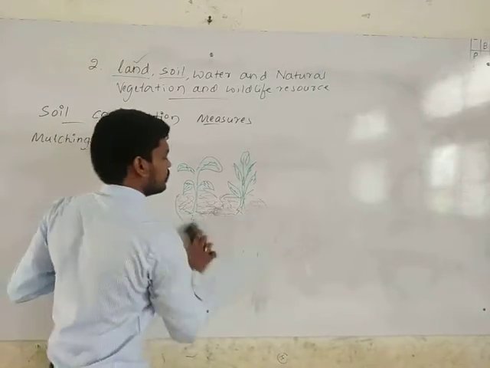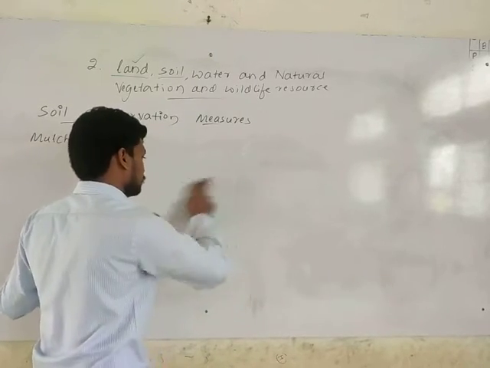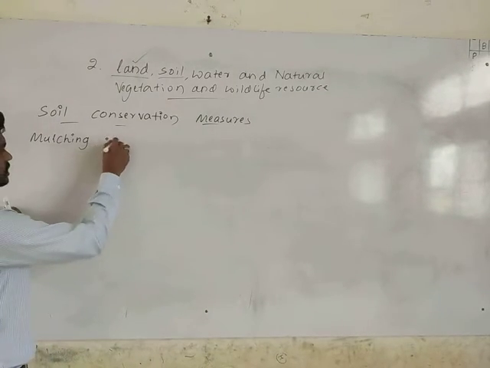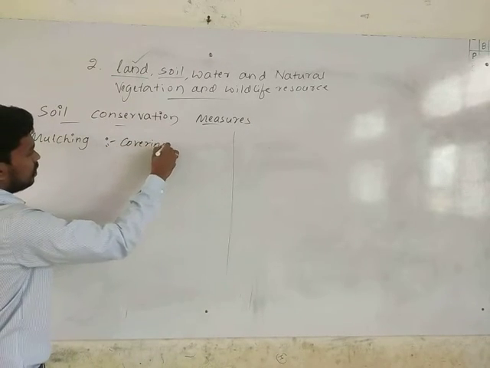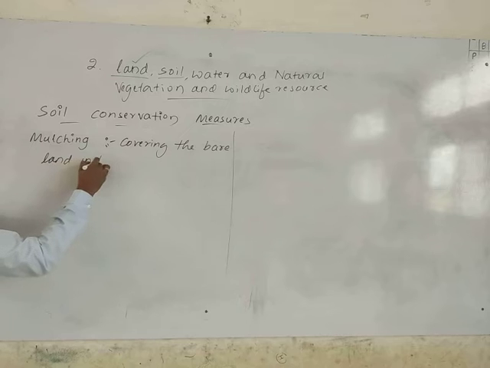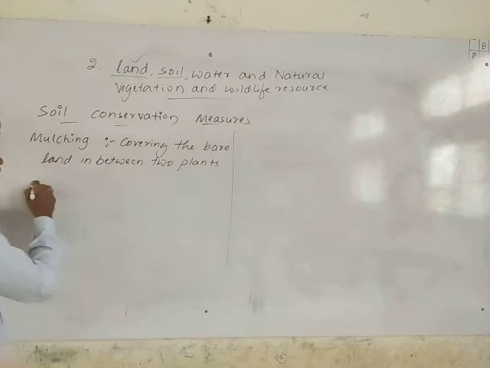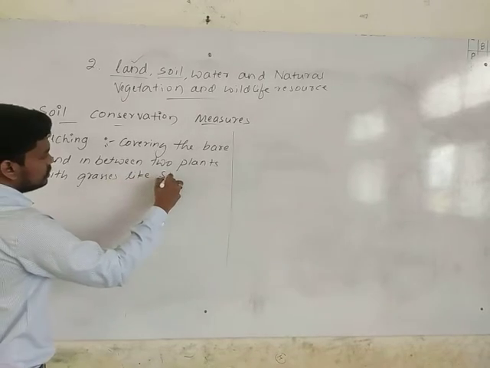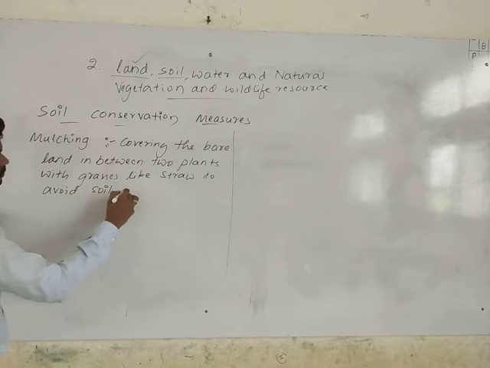Is that clear? So, mulching refers to covering the bare land in between two plants with grasses like straw to avoid soil erosion.